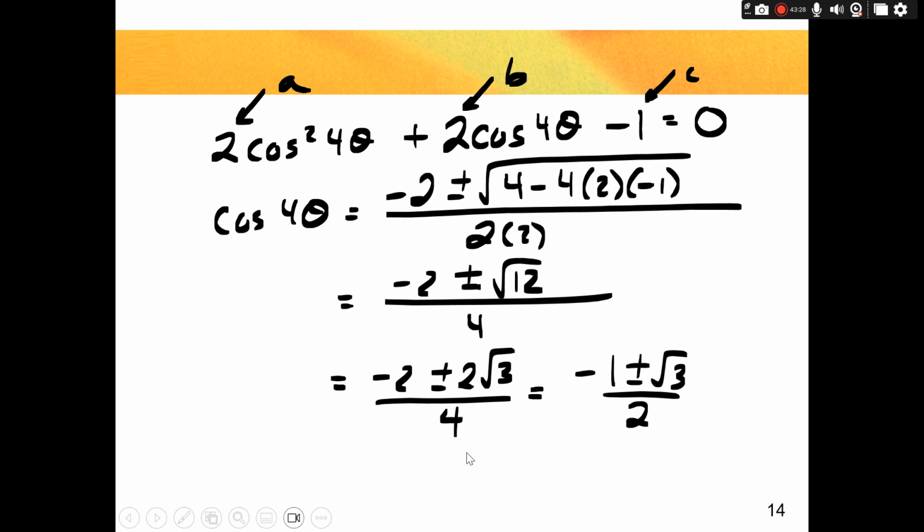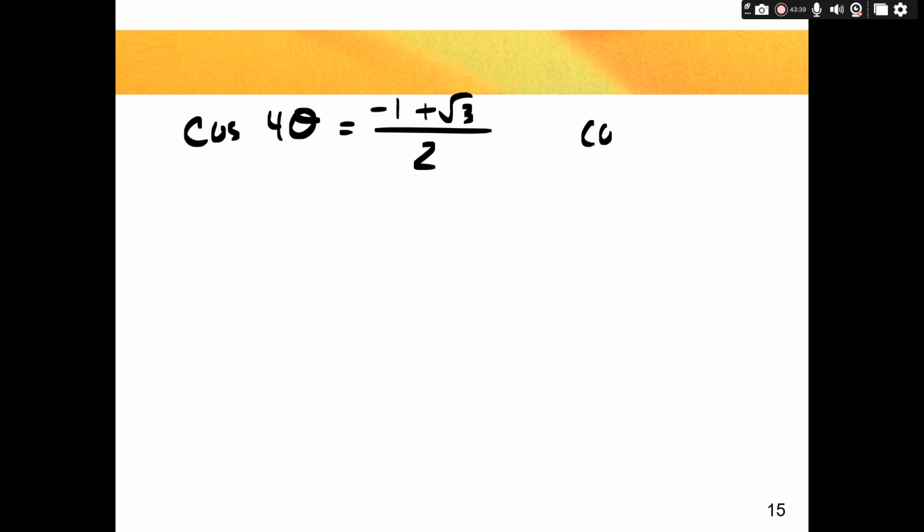All right, with a minute left, let's finish it up. There are 2 different answers here. With your calculator, I need to know when cosine is going to give you a value of -1 plus root 3 divided by 2. I think we did this on Monday.